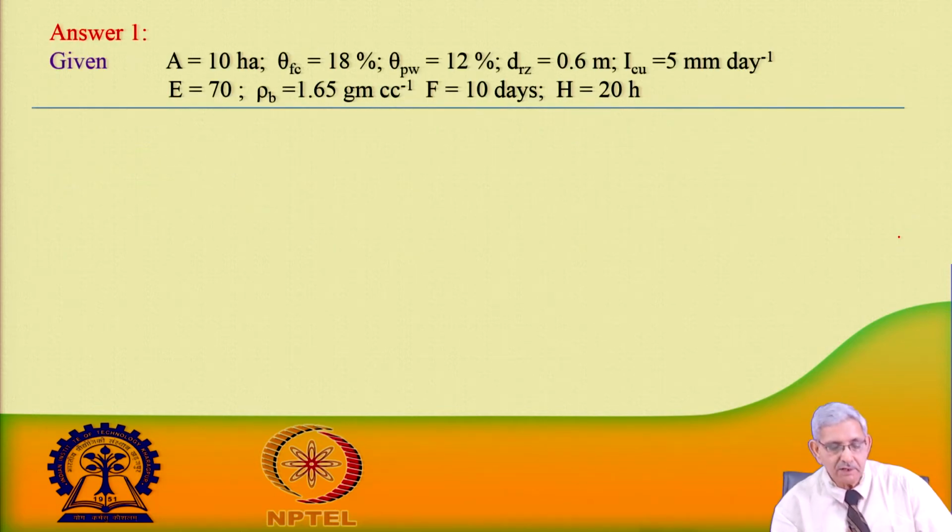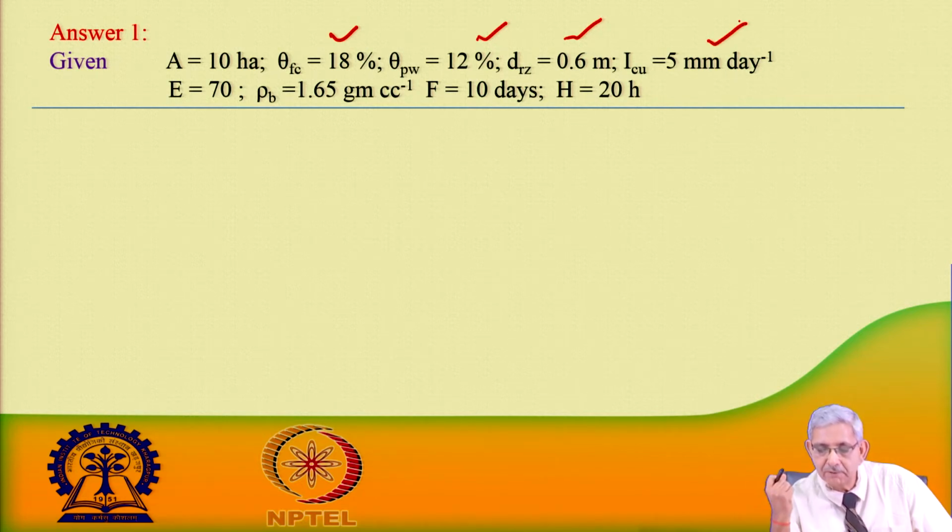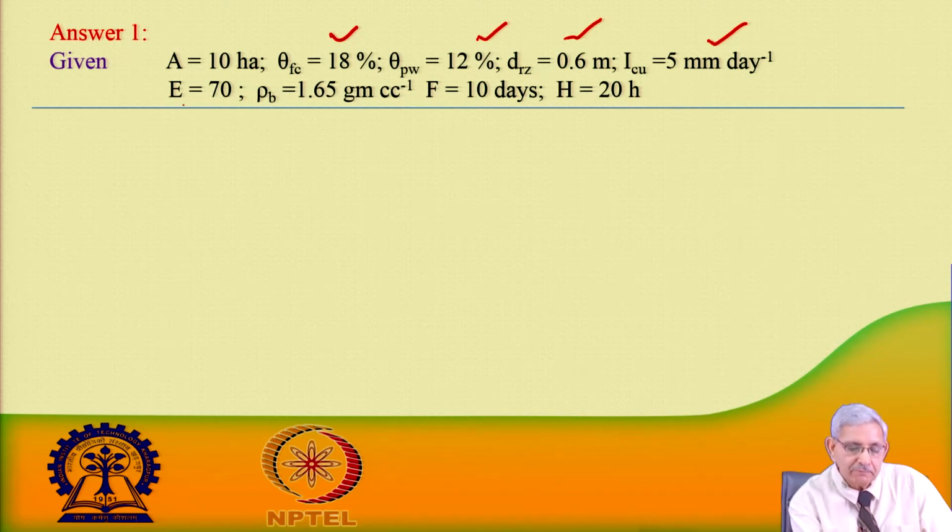Now, these data are kept in symbolic form: A is the area, 10 hectare; moisture content at the field capacity is 18%; moisture content theta PW is 12%; depth of root zone is 60 centimeter; consumptive use rate, that is moisture use rate, is 5 millimeter per day.